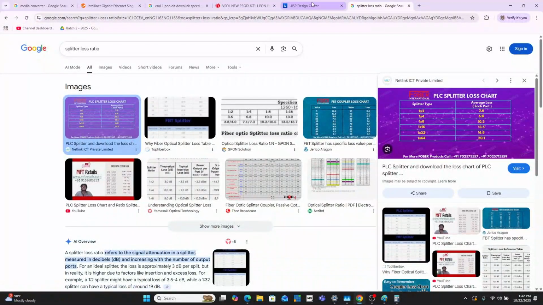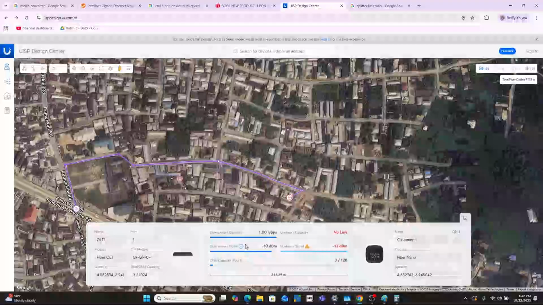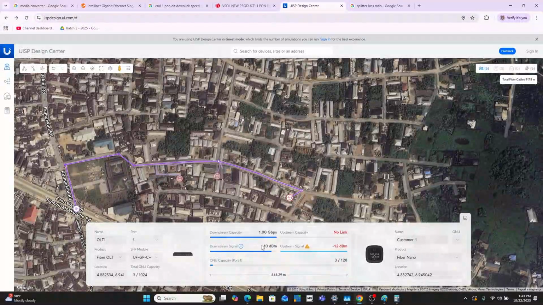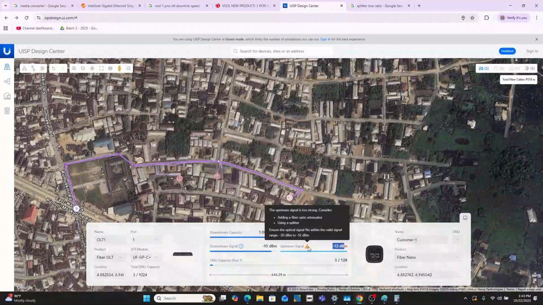So if we come back to our graph, after adding +4, and we've added the loss of 14 dB, we are left with how many? -10. Are we following? At the client's house, downstream signal to that customer is -10. But the upstream signal to the OLT is at -12, which means it is high.